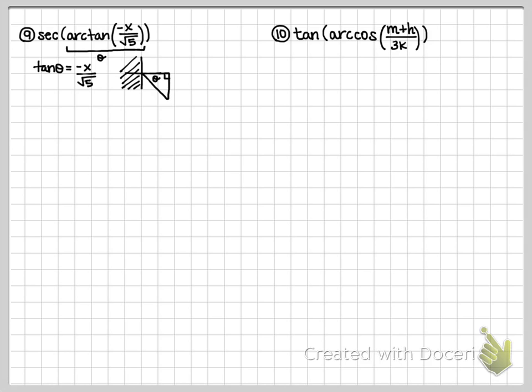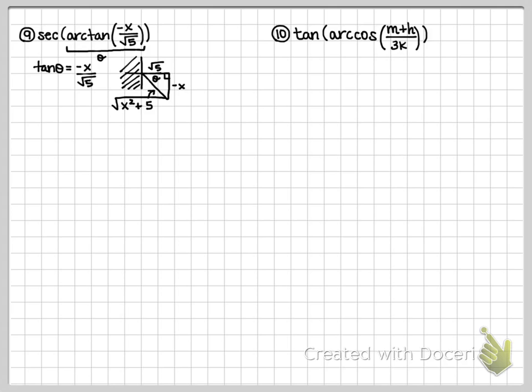Tangent is going to be opposite over adjacent. And then we have to find the hypotenuse. So right here, it's going to be the square root of leg squared. Well, negative x squared is actually x squared, plus root 5 squared, which is just 5.